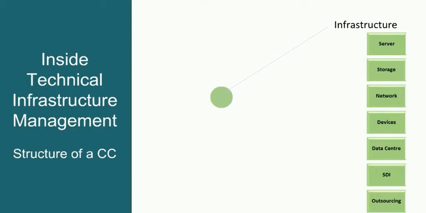And the CBBs that sit underneath this manage your server, storage, network, infrastructure, and your device infrastructure like your handhelds, your mobiles, your printers, and so forth. You need to manage the data center itself, and then a new CBB here caters for software-defined infrastructure. And the final CBB within this category is outsourcing. So how do you outsource the physical infrastructure to the cloud and so forth?